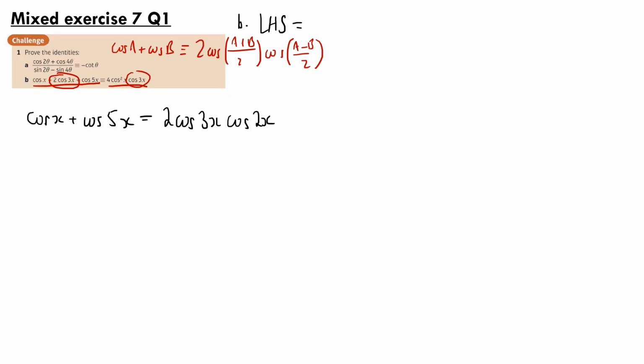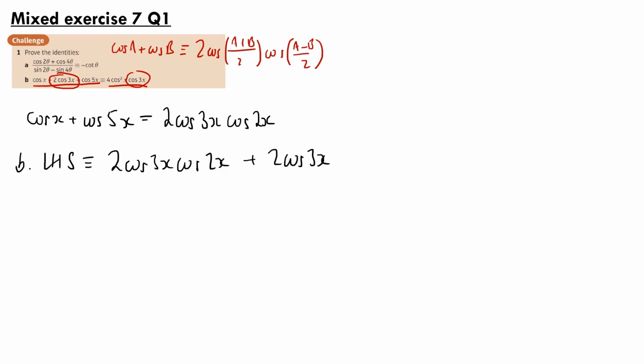Okay, so returning to the question then, we've got on the left hand side cos of x plus cos of 5x, which is 2 cos 3x cos 2x plus 2 cos 3x. And then we can factorize, so we can bring 2 cos of 3x up front, and then this gives us cos 2x plus 1, and then we can use the double angle formulae in reverse.